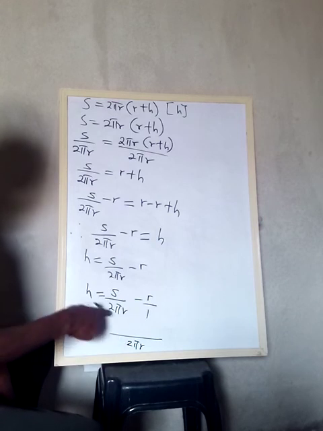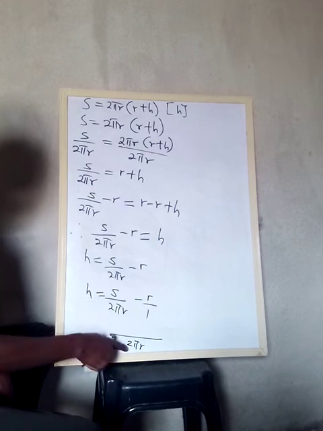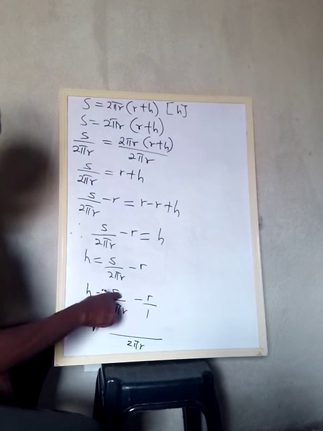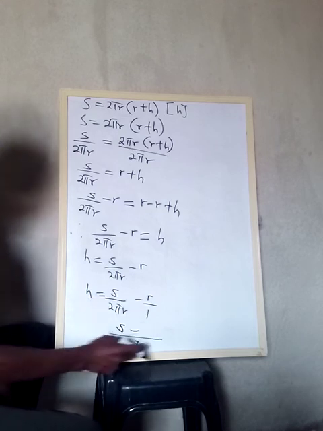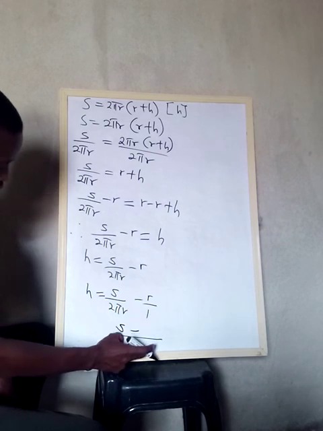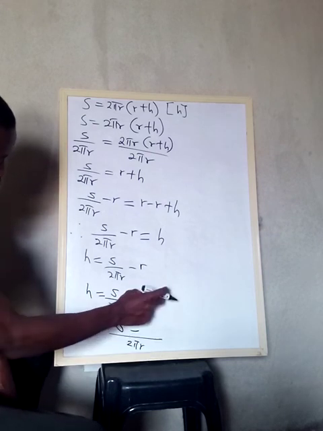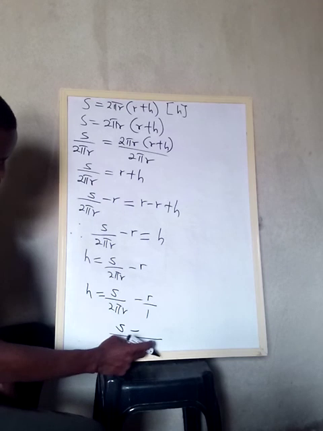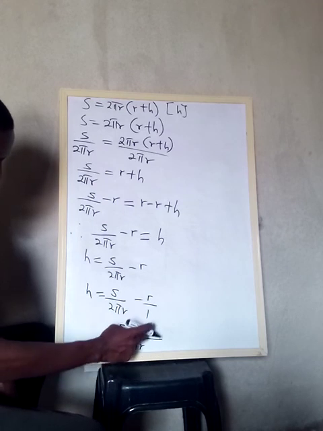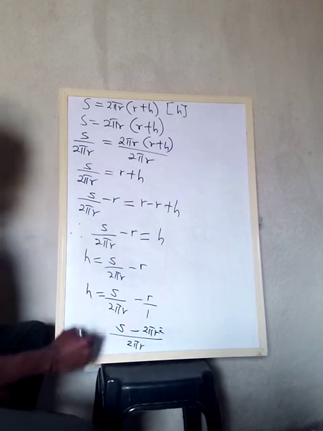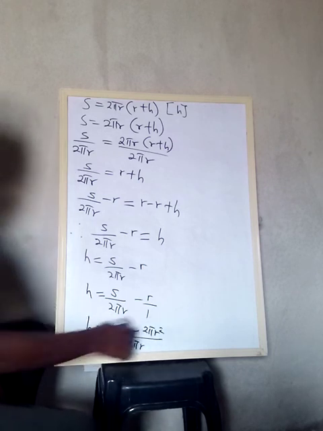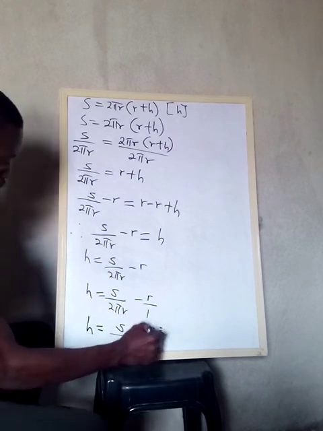So LCM divided by the denominator: 2πr divided by 2πr is 1. 1 times S is S. This sign is negative. 2πr divided by 1 will give us the same 2πr, times r. The only thing r can multiply here is this r, so it will give us 2πr squared. Therefore, h equals (S minus 2πr squared) over 2πr.